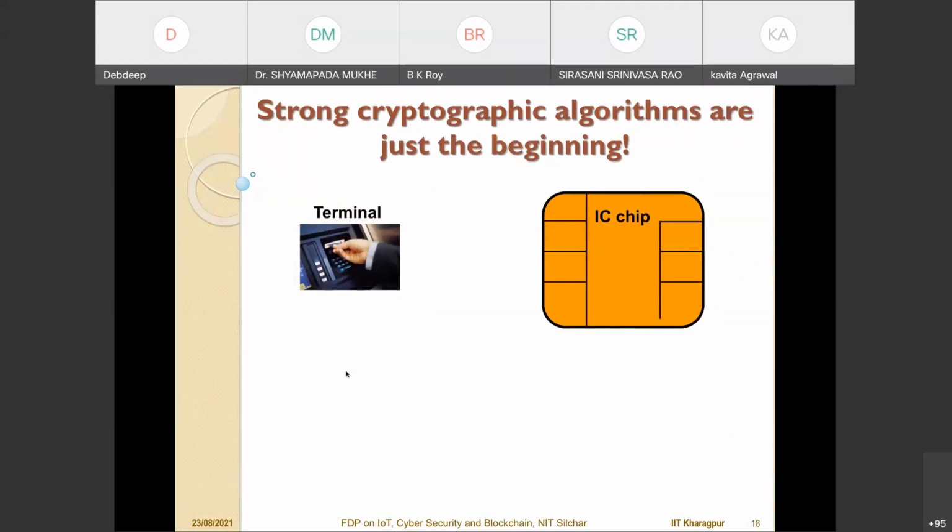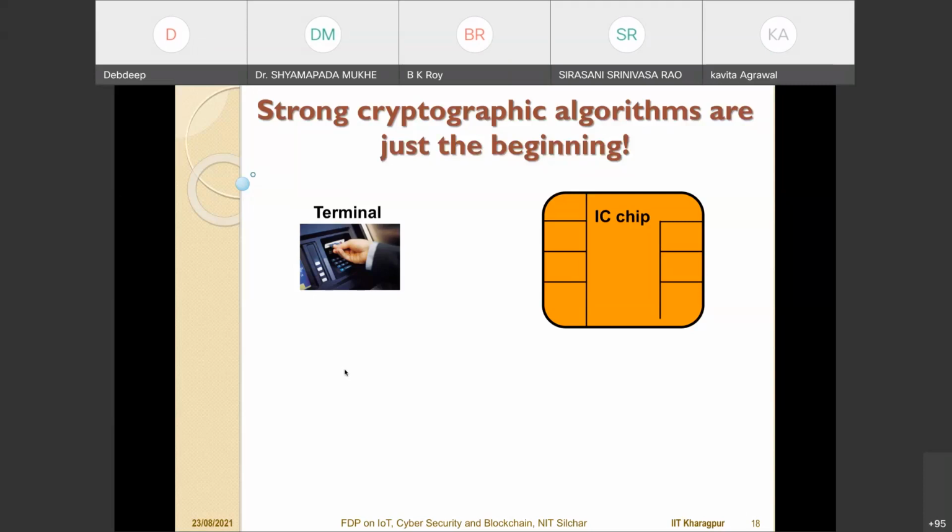So the message is that strong cryptographic algorithms are just the beginning. You can take a very strong cryptographic algorithm, and if you implement it, you will find that there can still be weaknesses. Imagine you have a smart card, and you take your car to the nearest petrol or diesel station and access your credit card.